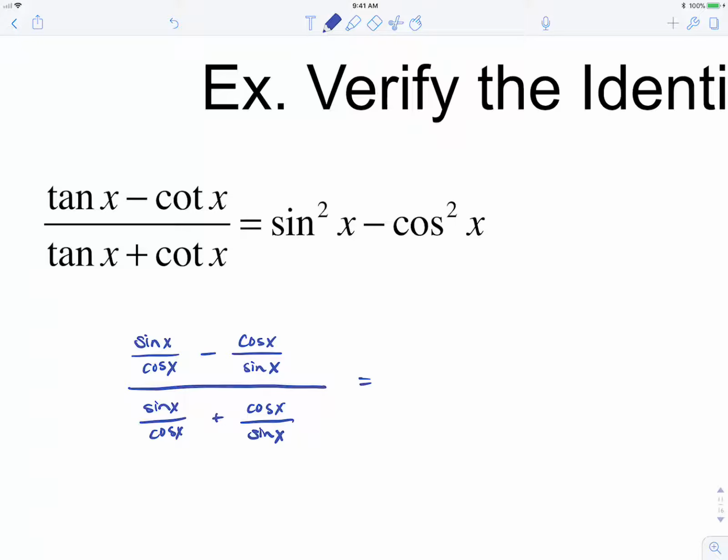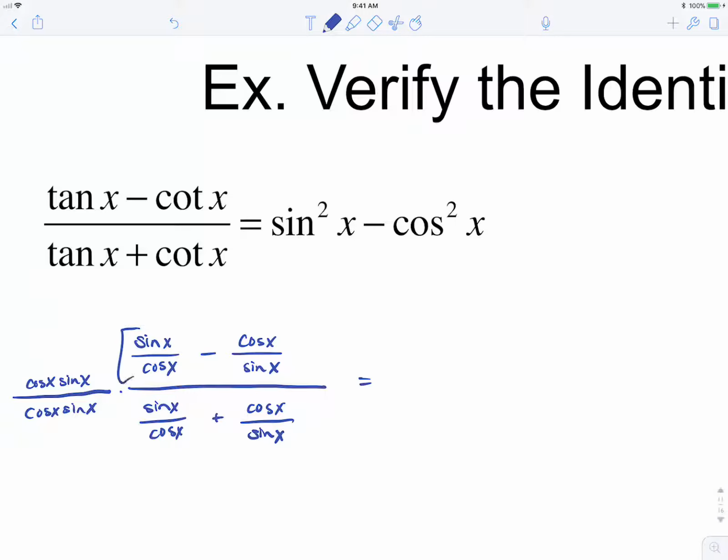To get rid of the complex fractions, I'm going to multiply by cosine times sine over cosine times sine, right? You can multiply by 1. It doesn't change the value.